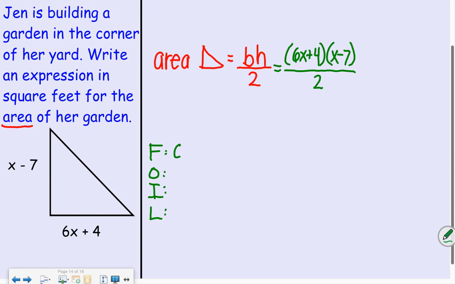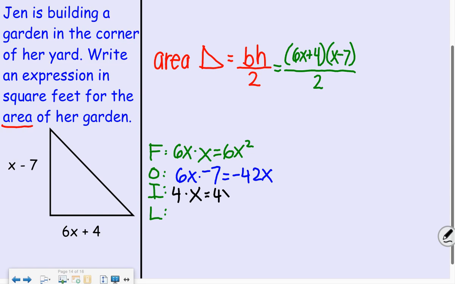So 6x times x is 6x squared. 6x times negative 7 is negative 42x. 4 times x is 4x. 4 times negative 7 is negative 28.